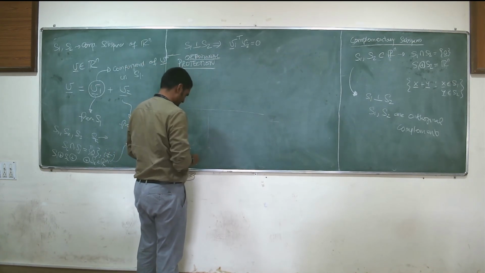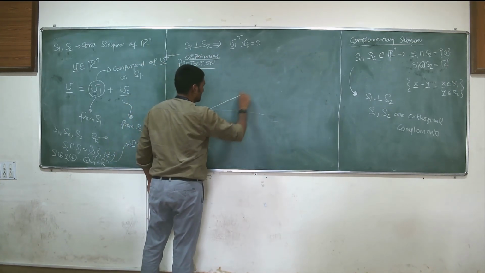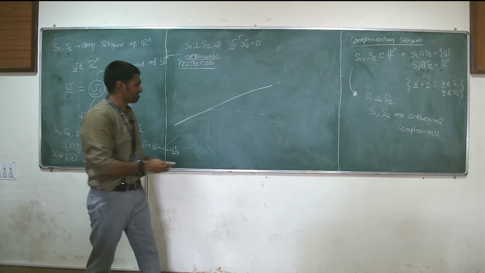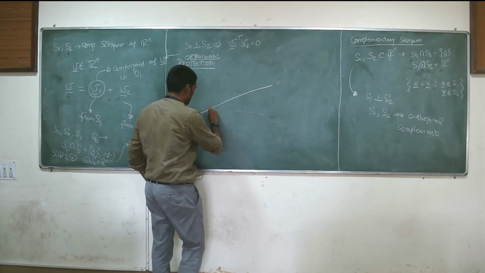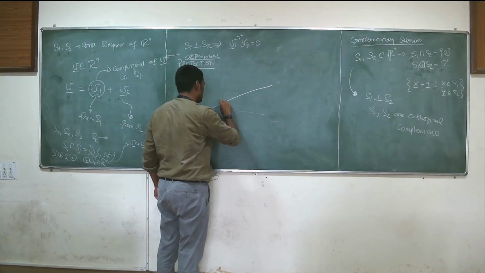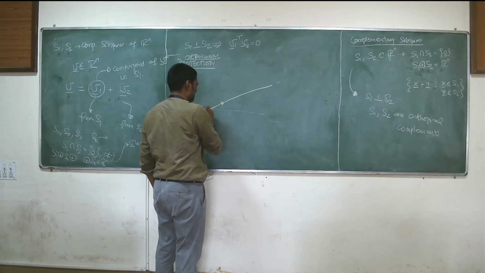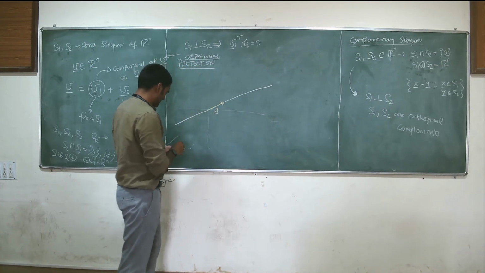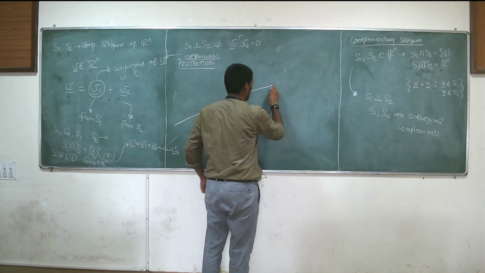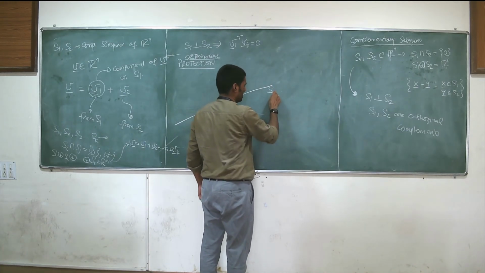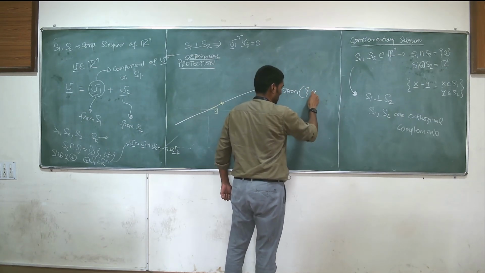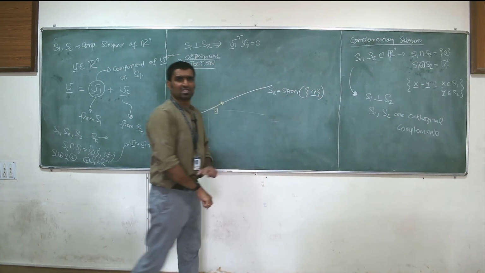Let's start with R2. Say we have a subspace in R2. Okay. And this subspace is spanned by this vector a. And this subspace, I call this SA, and this is simply the span of the set.